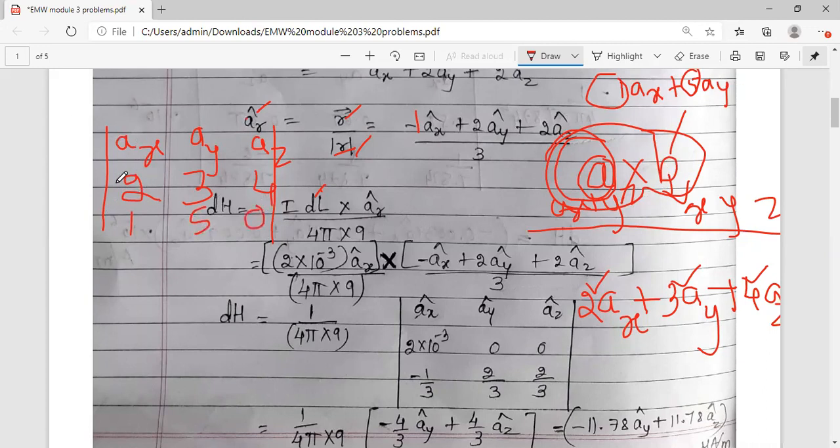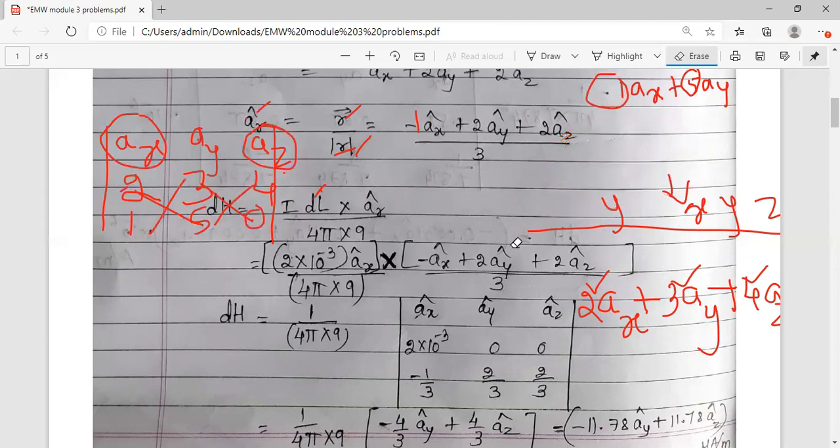So now you know how to calculate the determinant. aX into bracket, this minus this, then minus aY into bracket, these two terms minus these two terms, then plus aZ into this minus this. So you know how to simplify a determinant.